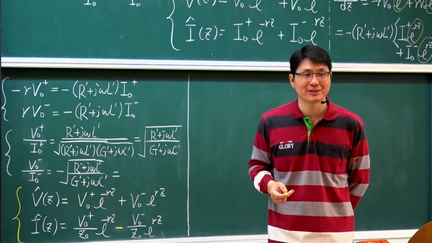So ideally, Taipower only wants to deliver the power to us, right? So ideally, on the transmission line, I should only have the forward propagating voltage and current. So how can there be a backward propagating wave in the form of voltage and current?